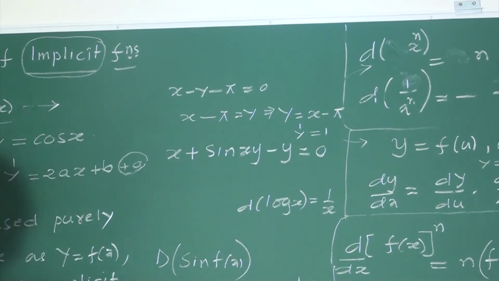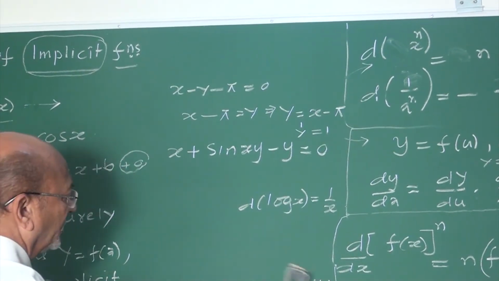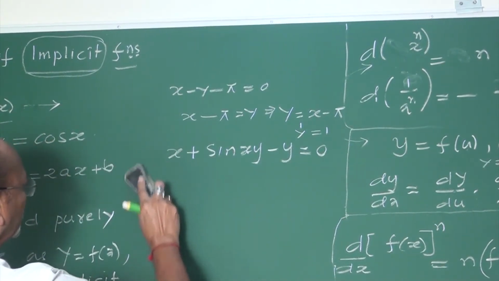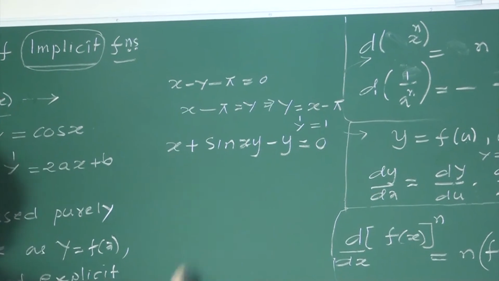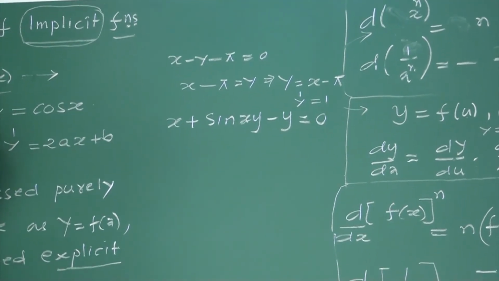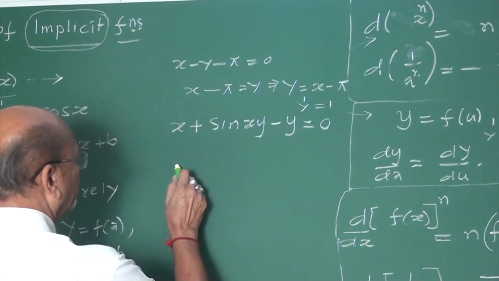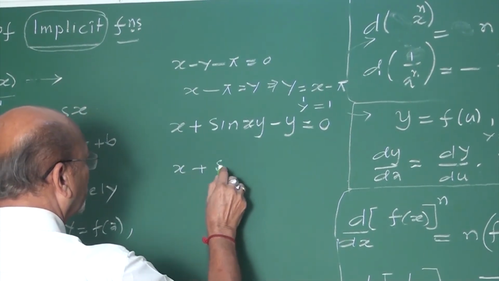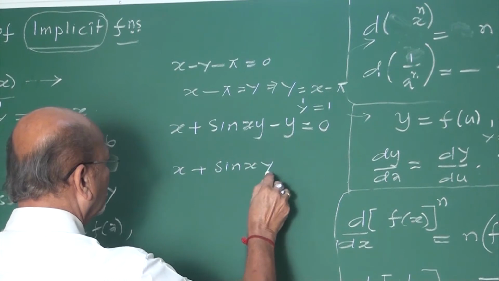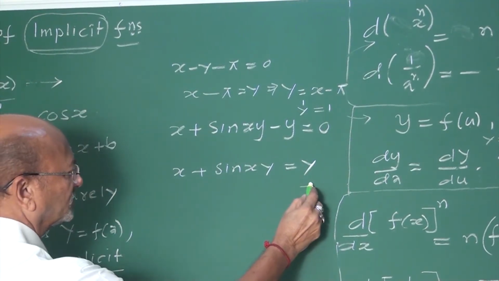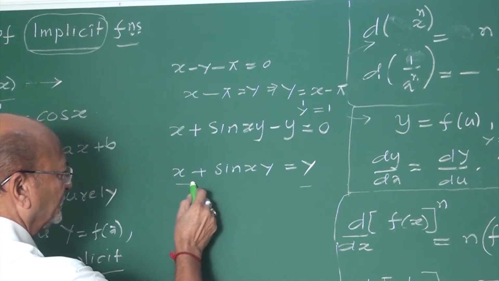Yes, my friends. Is it possible in the example below? Can you express y in terms of x? Is it possible? Just see, my friend. x plus sin(xy) equal to y. You want y on one side and x on the other side.